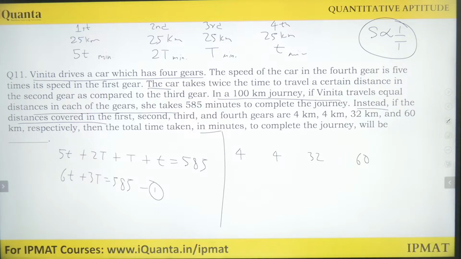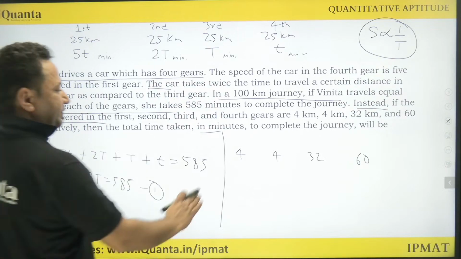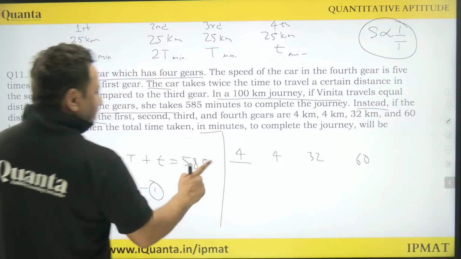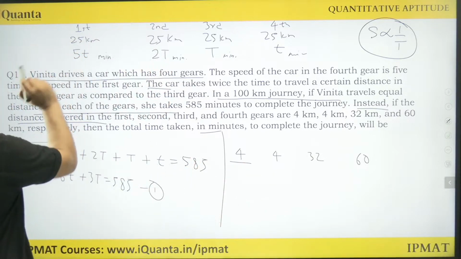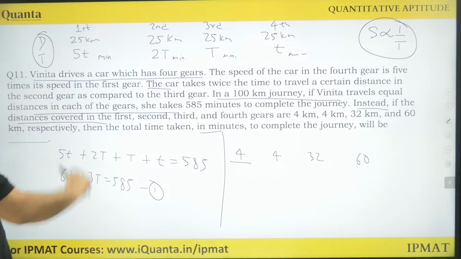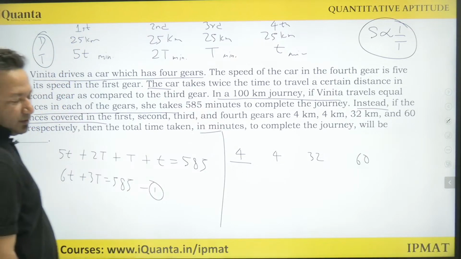All right. Now, these are distances. To calculate the time, we'll divide this by speeds. So what's the speed in first gear? It is 25 by 5t, isn't it? Distance upon time is basically speed. 25 by 5t.